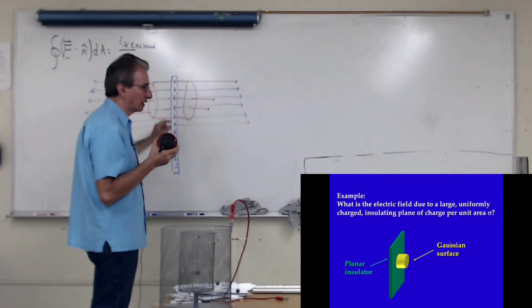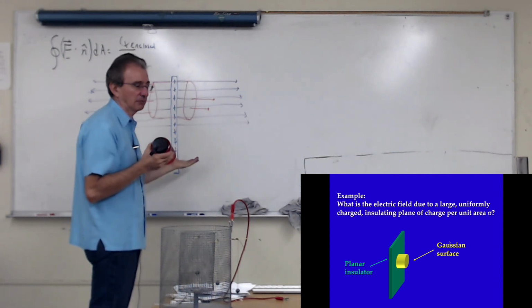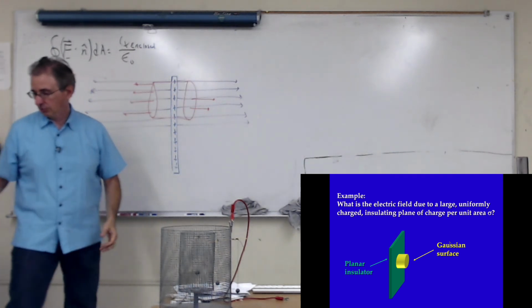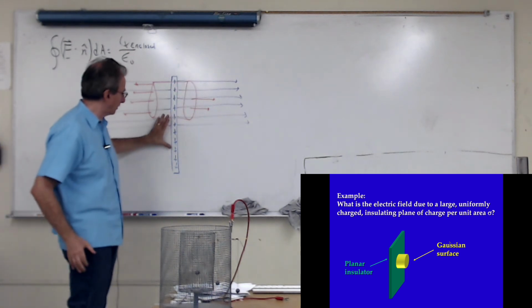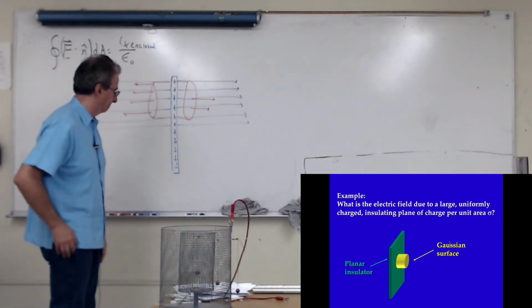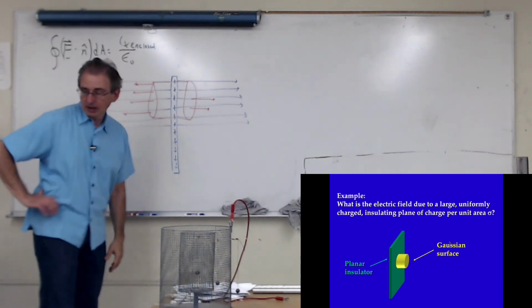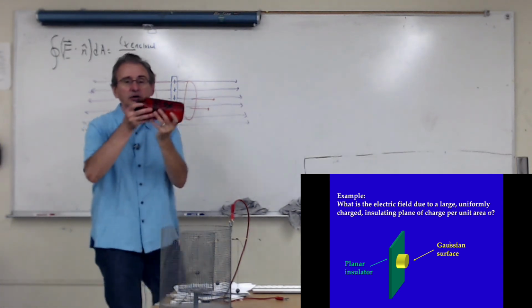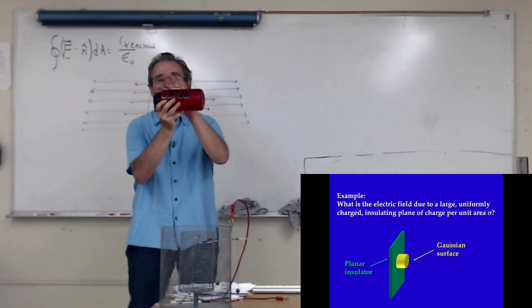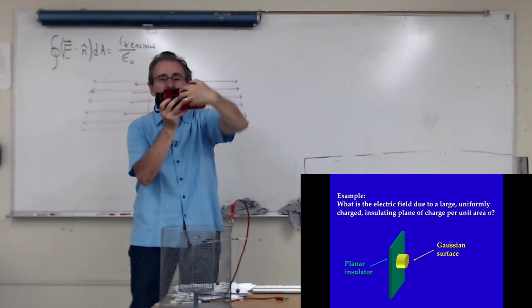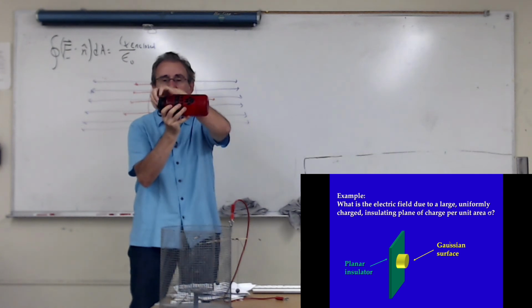So this area and this area are the same. I can't make this infinitely big on a board, but let's assume that this area and this area are the same. And you have field lines going only through the ends. No field lines go through here, no field lines go around here. They go through this end and this end. That's it.